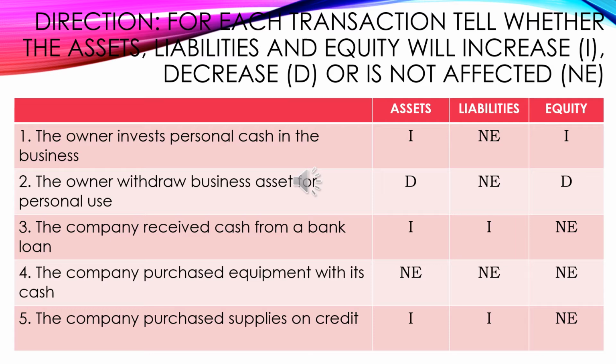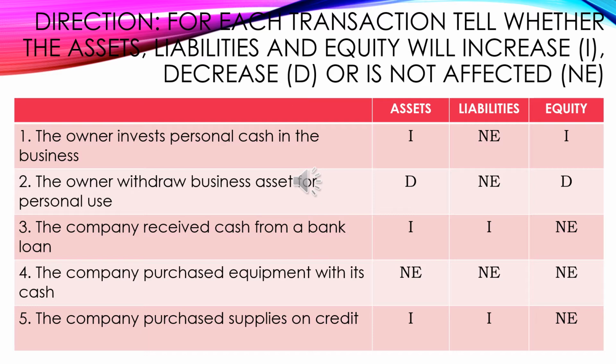The investment of the owner in the business decreases by using the business asset for personal use. So that is considered a drawing on the part of the owner of the business, personal drawing. So there is no effect on the liabilities, but there is a decrease in assets and a corresponding decrease in equity.